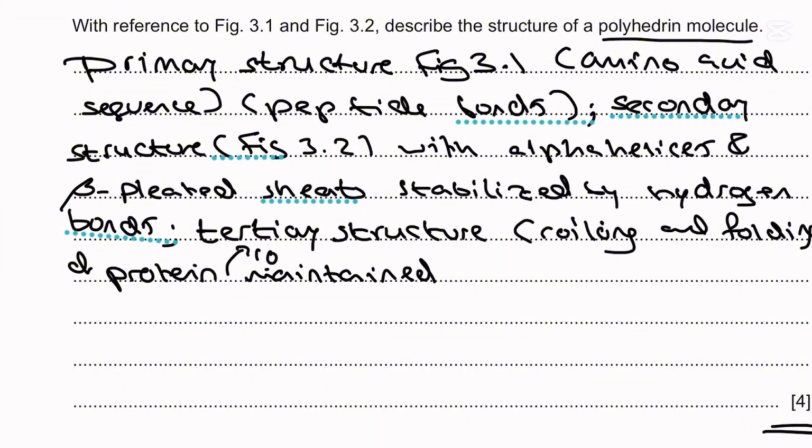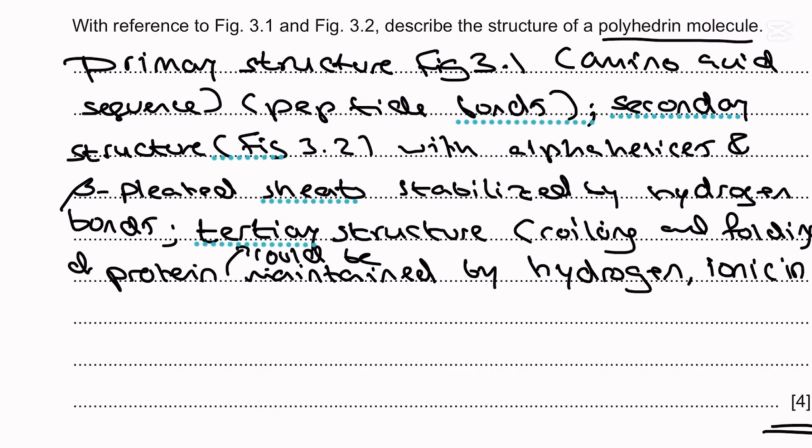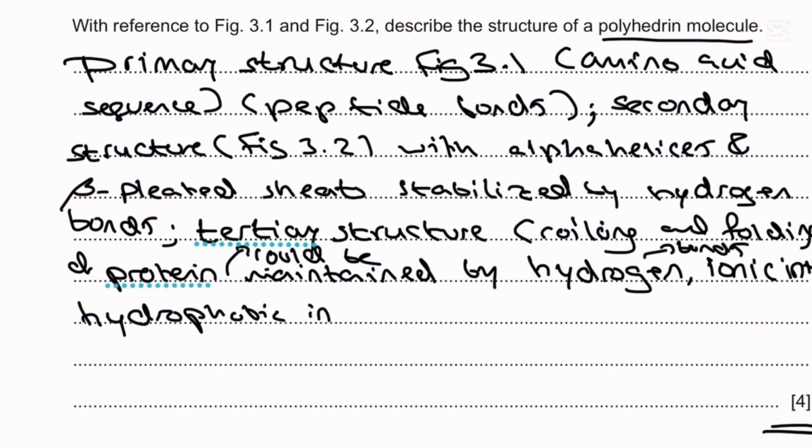Obviously not all bonds are involved, so it could be maintained by hydrogen bonds, ionic interactions. Okay, don't forget bonds here. Ionic interactions, hydrophobic interactions, disulfide interactions. And then you're done with that.